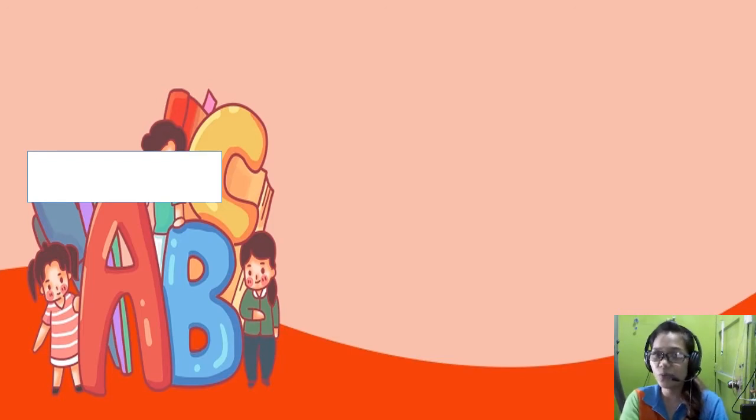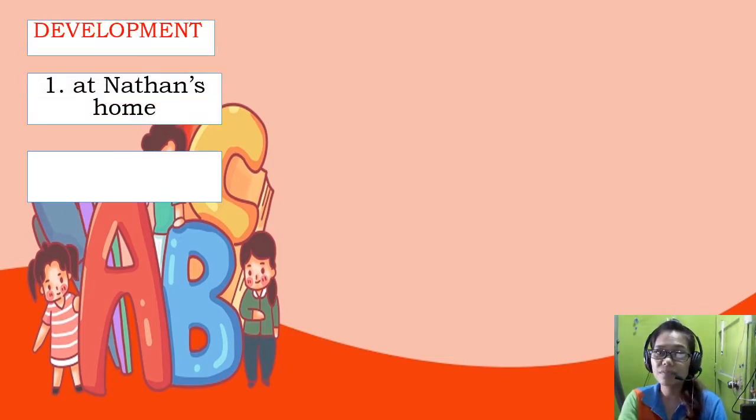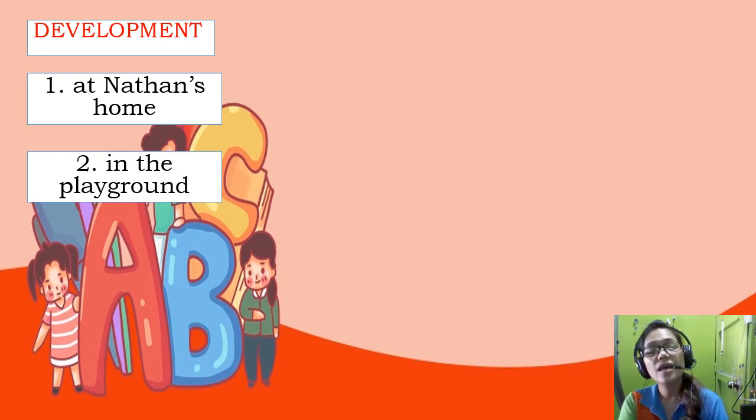Let's check your work. Number 1. Where did Peter eat this morning? Your answer must be at Nathan's home. Next, number 2. Where did Josephine see Peter yesterday afternoon? Correct, in the playground. Next, number 3. Where did Mary see Peter during recess?